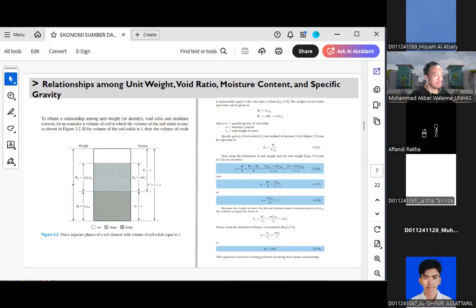So the specific gravity of that stone is much higher than that of the water itself. When I say the soil has a specific gravity in the range of 2.6 and 2.7, it means the level of heaviness of the soil particles is 2.6 or 2.7 times higher in comparison to the water.